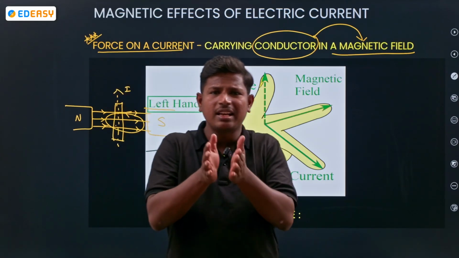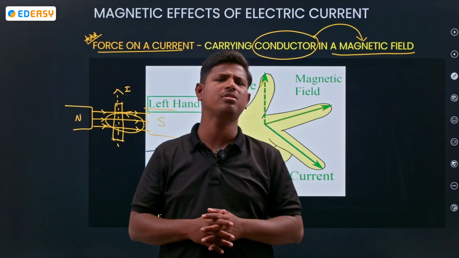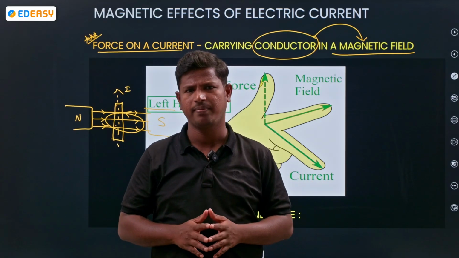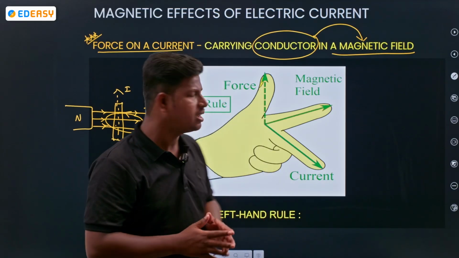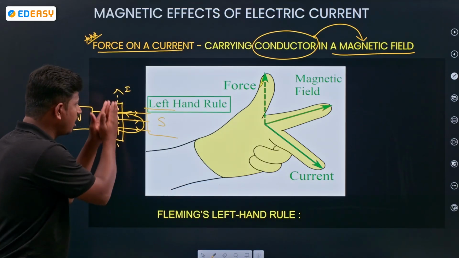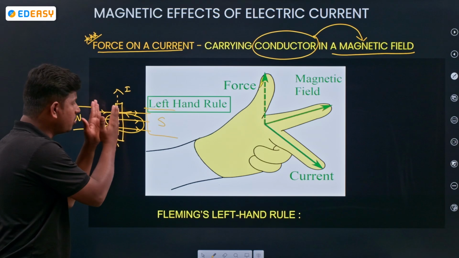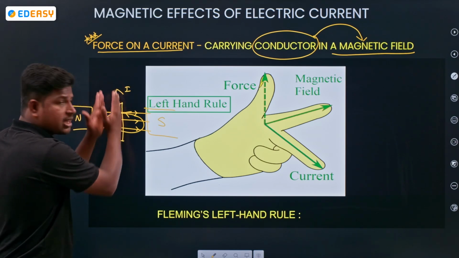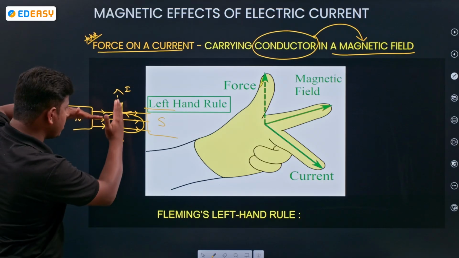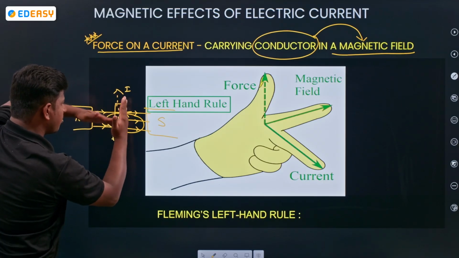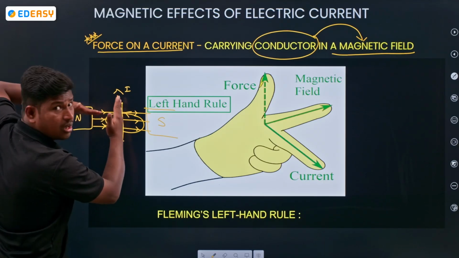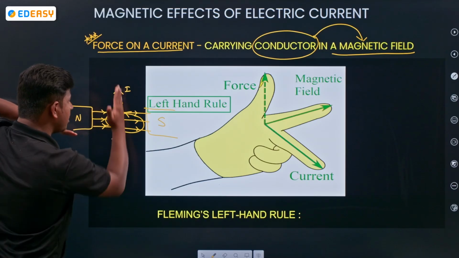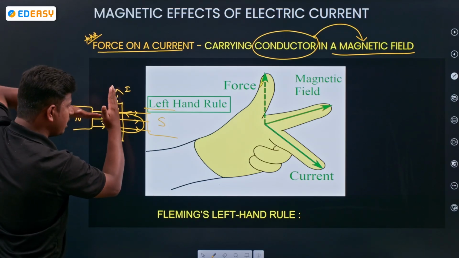Here you have to identify in which direction the force is acting, and whether the conducting material is experiencing a force or not. The conductor is placed perpendicular to the field. The current direction is like this, the magnetic field direction is like this.